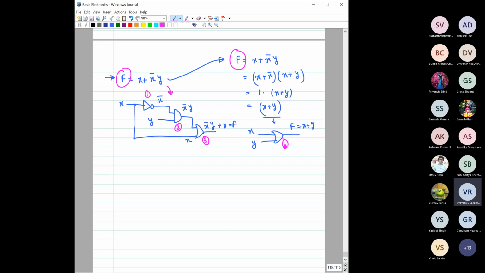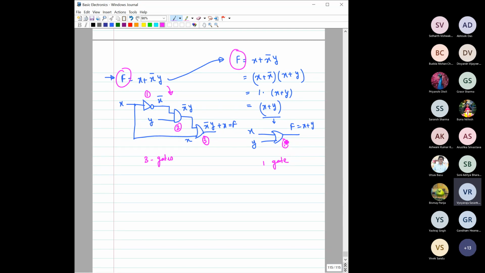Here you need 3 gates, here 1 gate. So the same thing, but what is the difference? Here we have implemented it directly, here we have tried to minimize the expression and then implement it. But what is the result? Drastically, the number of gates used has been reduced.